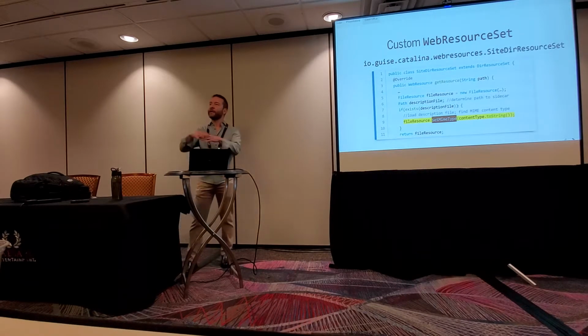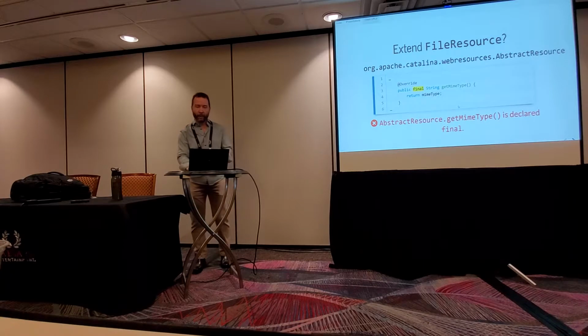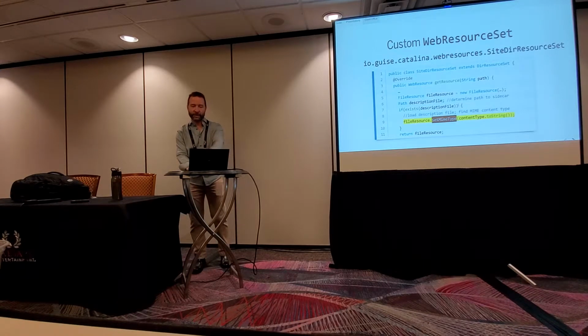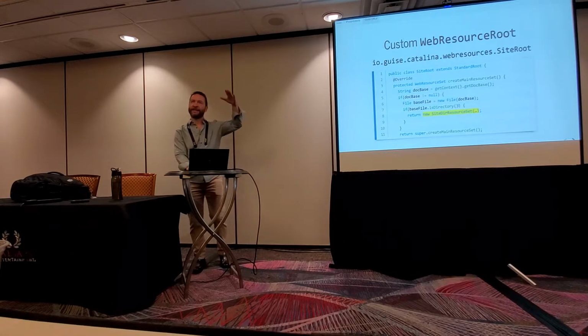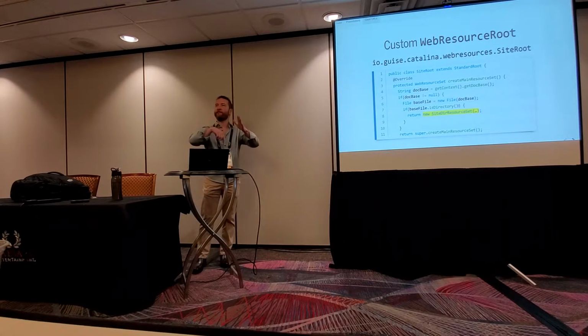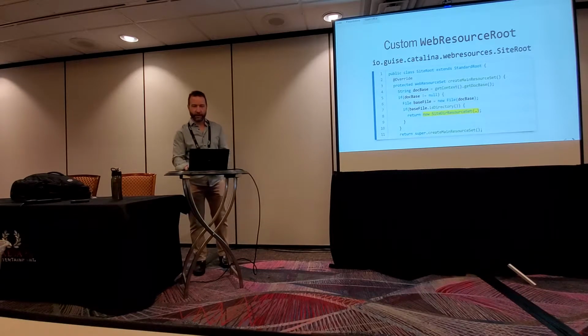So basically we had to go several levels up. The whole point was to get this custom web resource set, which would set our MIME type. But we had to replace several things just so we could do our own factory instantiation of what we wanted to create.